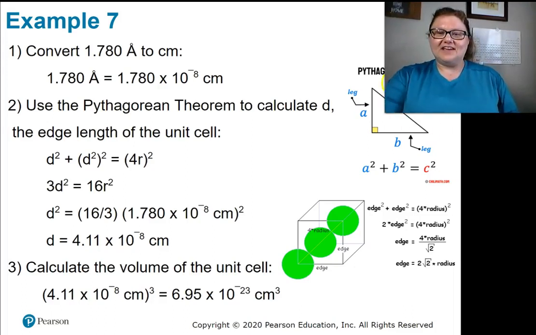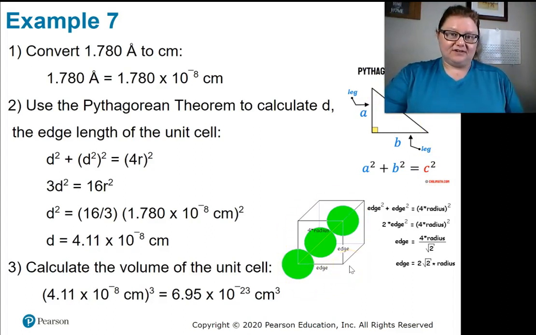And so translating the Pythagorean theorem, a squared being one edge, b squared being another edge, and c squared being this hypotenuse of our triangle, take a look at the image here of our face-centered cubic. Okay, we can look at an edge on the bottom, an edge up the side, and we have our radius connecting the 2 points.